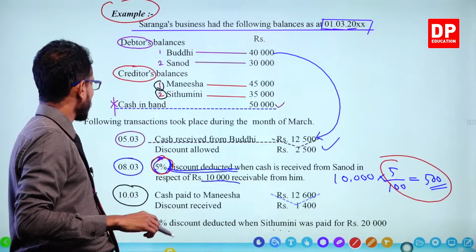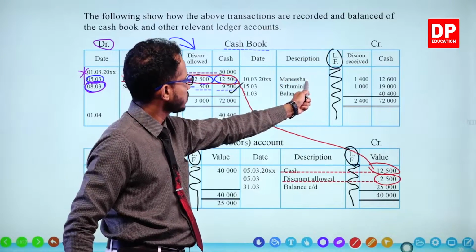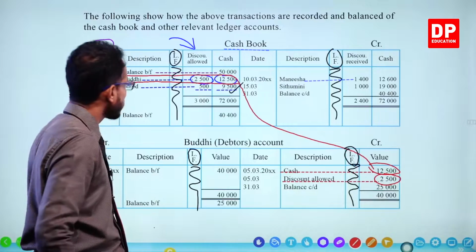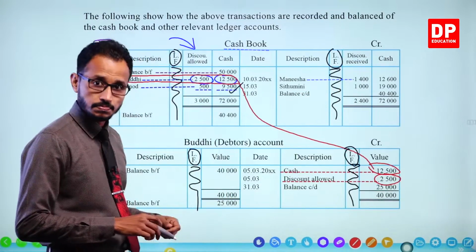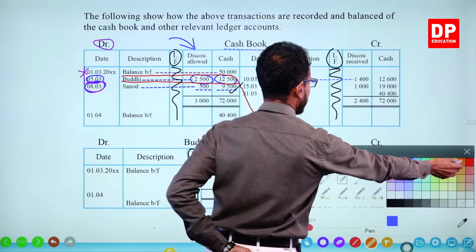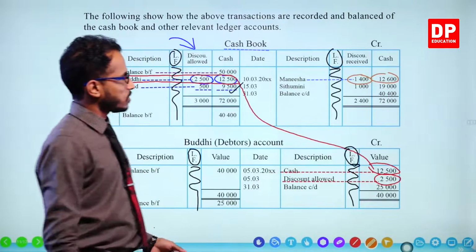Let's see. Cash book credit, saying Manisha, with the discount. Correctly done, right? Discount 1,400, cash 12,600.